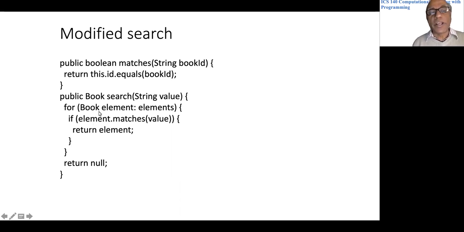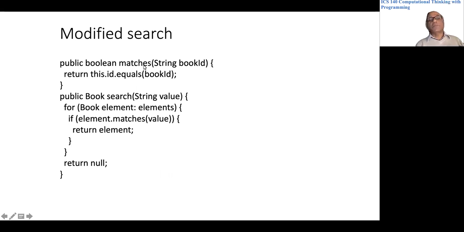So this book here, which I call element, is going to tell me whether its ID is equal to this value. I don't really care how the book does it. So maybe the book will take its ID and then say whether it is equal to this book ID. So this value is passed to the book object's matches method.